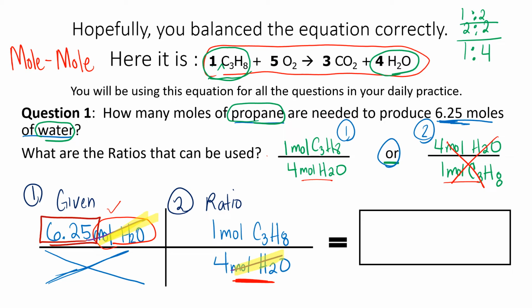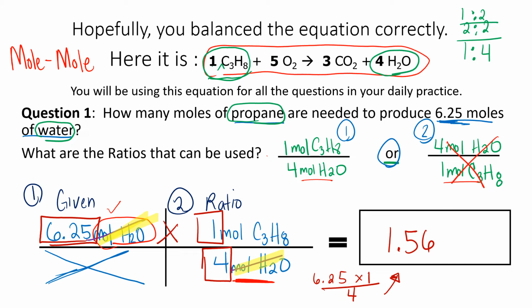Here's my number value, and I multiply by the number next to it, which is 1. Then whatever answer I get, I divide by the bottom number. So pretty much 6.25 times 1 divided by 4. That's going to give you the answer that goes there. Once I calculate it, it is 1.5625, but I'm going to round to the nearest hundredth.